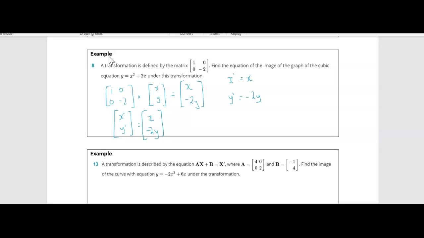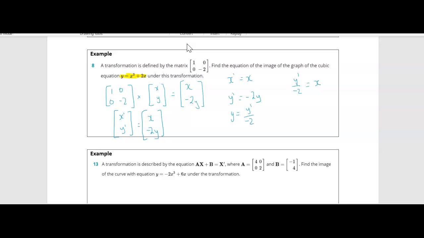So the x hasn't changed, but we do need to rearrange the y's. So we're going to have y equals y dash over -2. And then we substitute it into our equation. All right, so we've got y dash over -2, and then equals x.